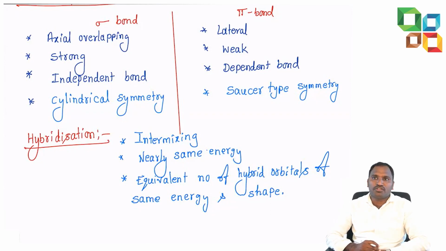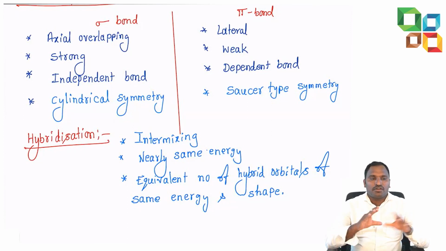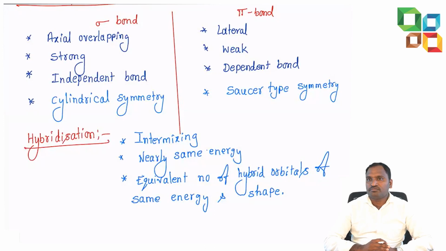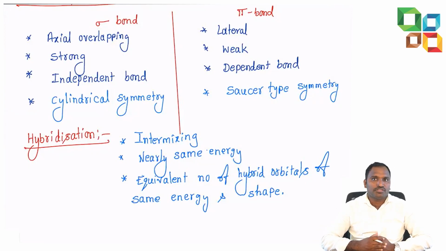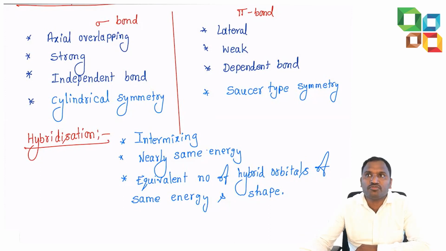He can arrange some funds from his remaining sons, or help in different ways, to make the third one also settled. Then only he will be happy. In the case of human beings we say happiness; here we say stability. Father will be happy if three members are in equal position. In hybridization, the main intention is to make all the bonds equally strong. So let's see how it makes all the bonds equally strong.